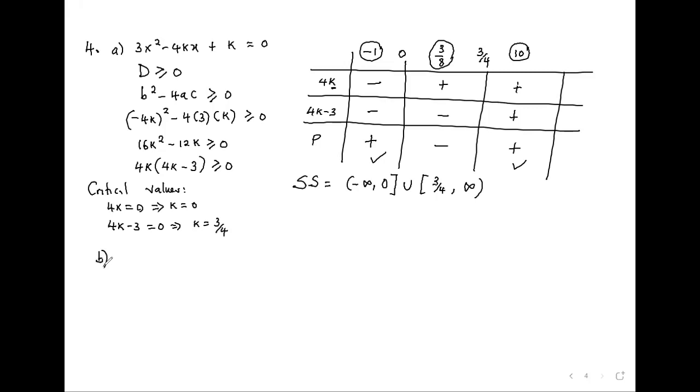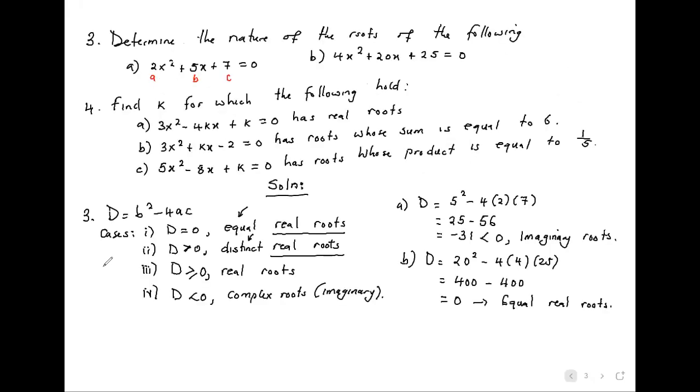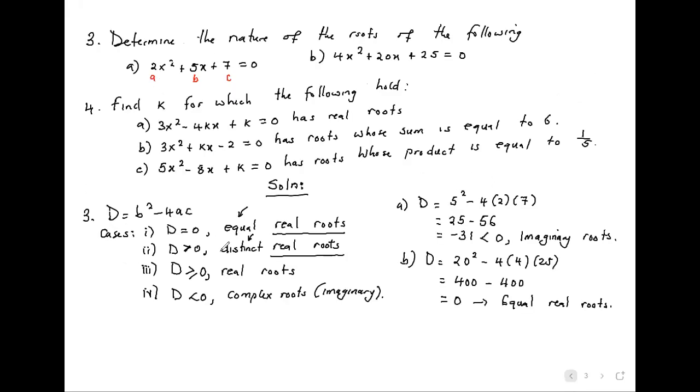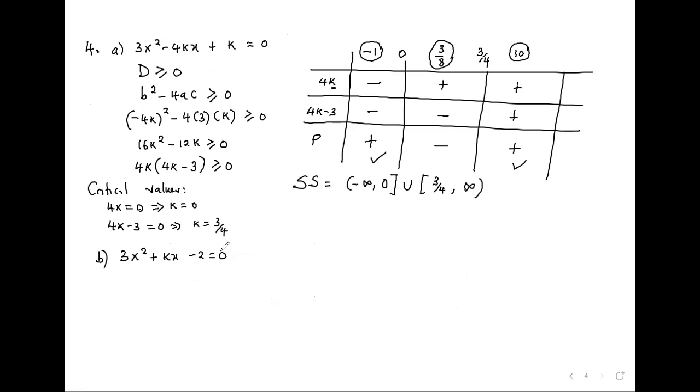Okay. A few minutes, we need to be a bit fast. 3x² plus kx minus 2 is equal to 0 has roots whose sum is equal to 6. That's direct sum. So if the roots are alpha and beta, then the sum is 6.